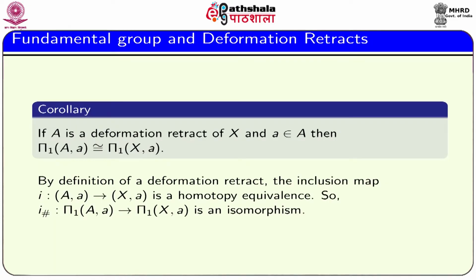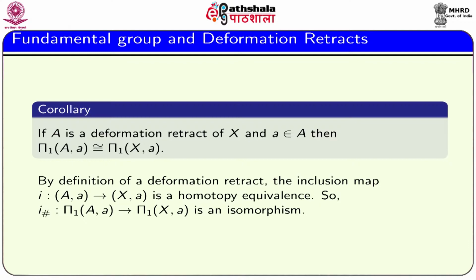Now from this theorem we get a corollary: if A is a deformation retract of a topological space X, and if we choose a point a from the deformation retract A, then the fundamental group π1(A, a) is isomorphic to the fundamental group π1(X, a).